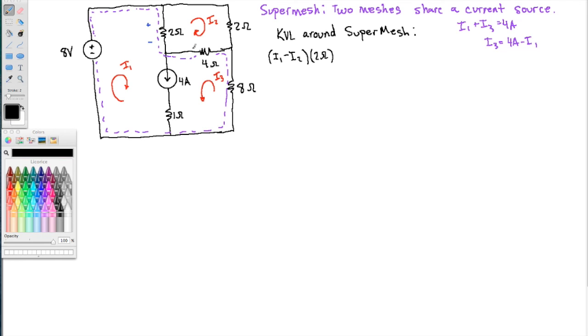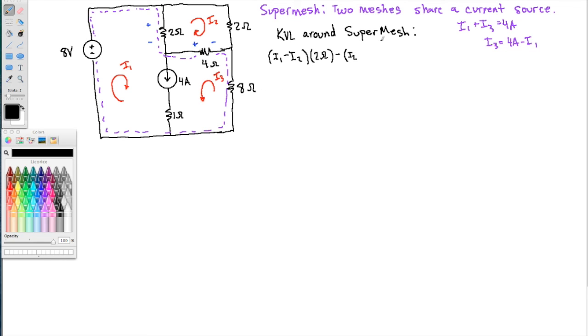Alright, so now I'm here, and I need the drop across this 4 ohm resistor in that direction, from left to right. So I2 opposes me, and I3 opposes me. So it's going to be minus I2 plus I3.